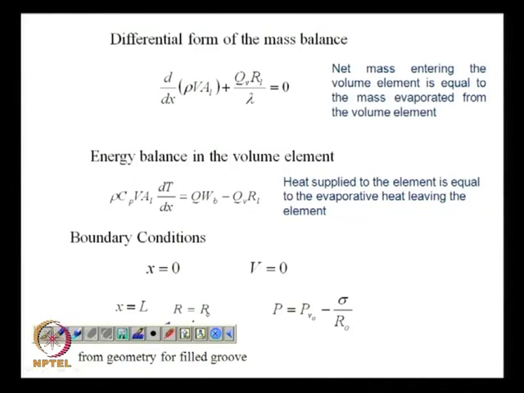We also have the mass balance and the energy balance in the volume element. Compared to last class, I have added this term. Previously, the heat supplied to the element was equal to the evaporative heat leaving the element. But as the packet of liquid moves towards the hot side, it is going to encounter a hotter environment.